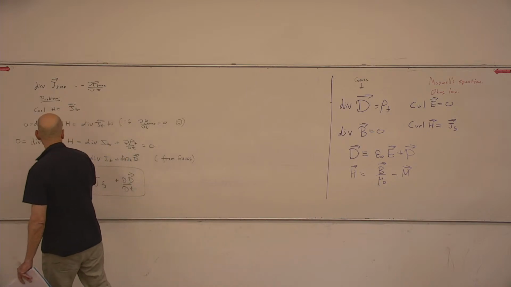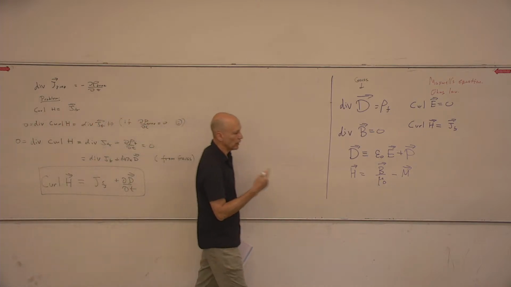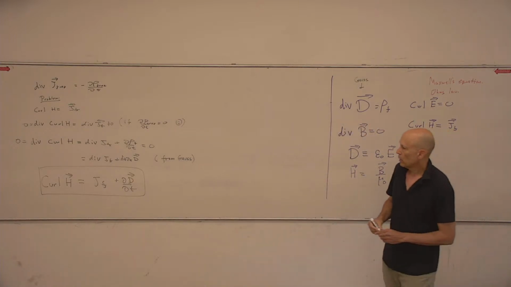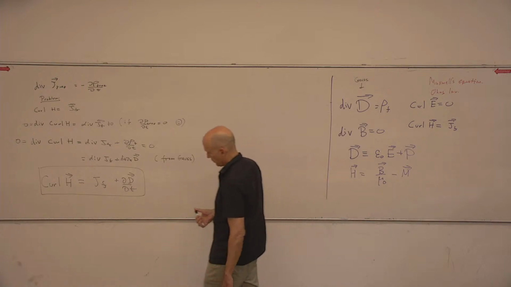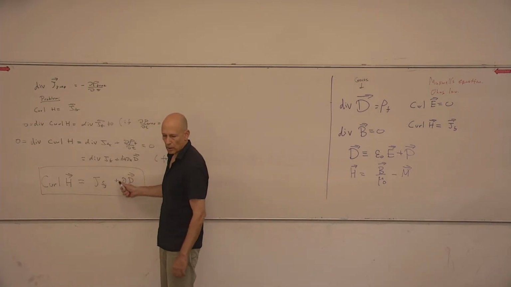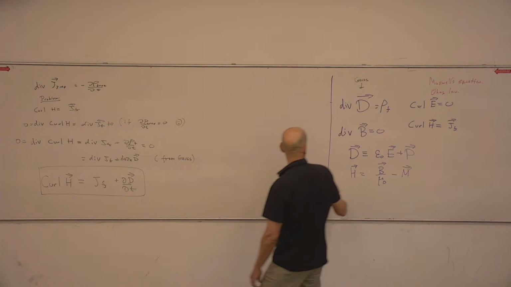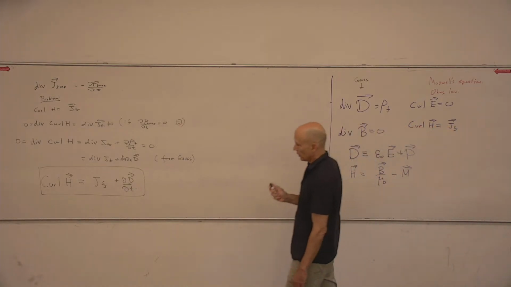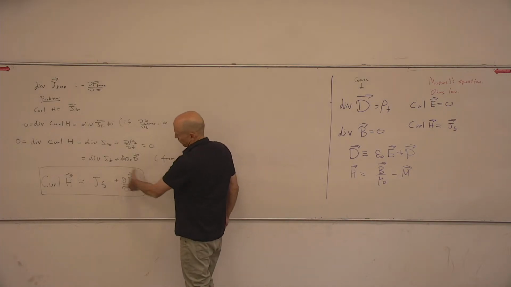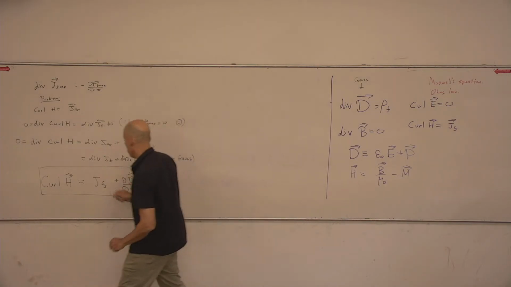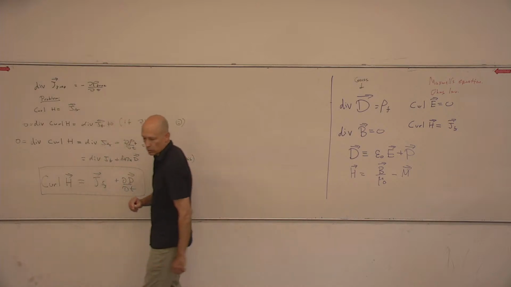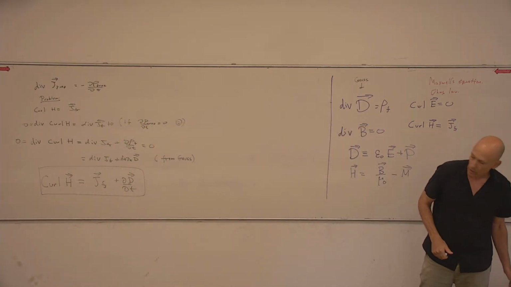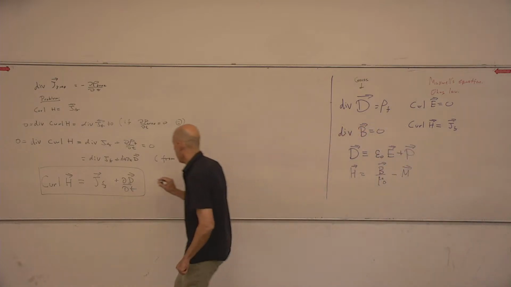And remember that D is defined over there, it's related to the electric field and the polarization field. So this is Maxwell's addition. This displacement vector, which is proportional to E and the polarization field, gives you something that adds up to the free charge carriers that are moving around somehow. So this is Maxwell's correction.